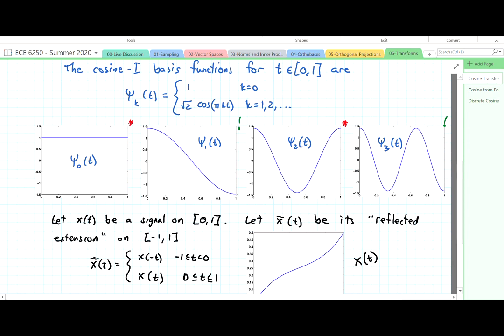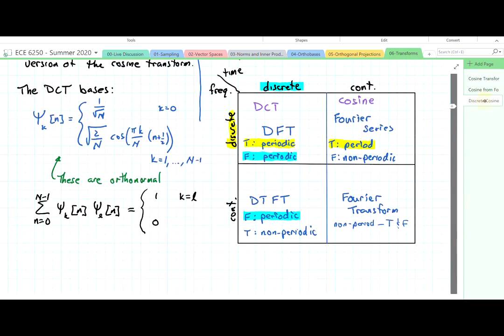It still has equal positive and negative parts. We don't have to go over a full period like we do in side 2. But we have equal positive and negative samples, and so when we sum those up, we're going to get 0. So when k is not equal to L.